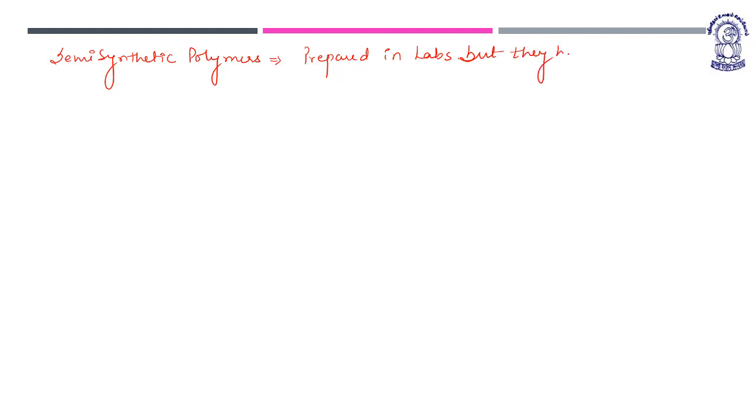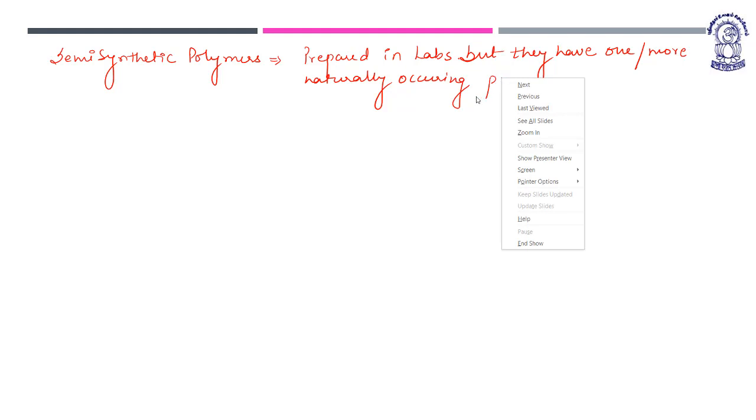Next, semi-synthetic polymers. They are prepared in laboratories, but they have one or more naturally occurring polymers.